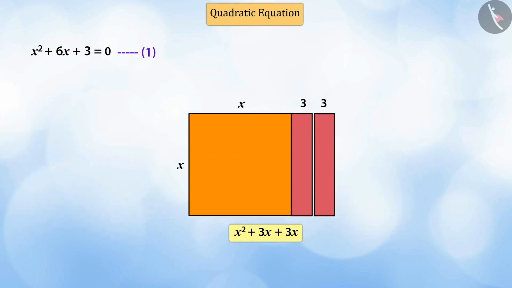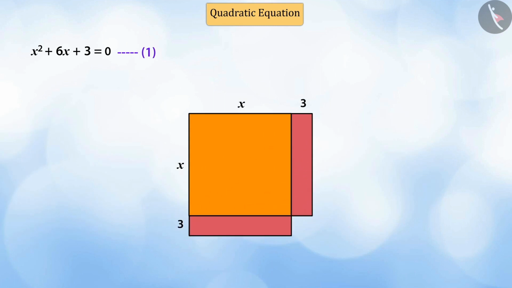Now let's arrange the rectangular pieces in this way. On doing so, we get a new shape, whose total area is still equal to x square plus 6x. We can say that this shape is neither a square nor a rectangle.